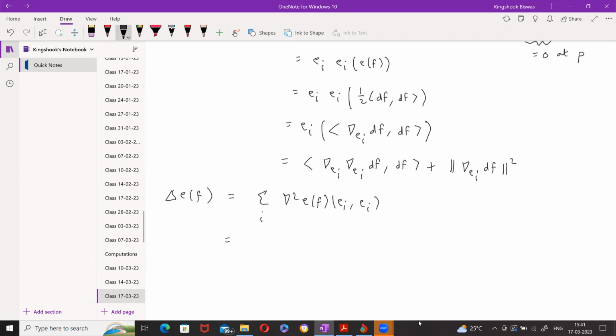There'll be two terms. One is the sum over i of the norm of nabla e_i df squared, plus the sum over i of the inner product of nabla e_i nabla e_i df with df.